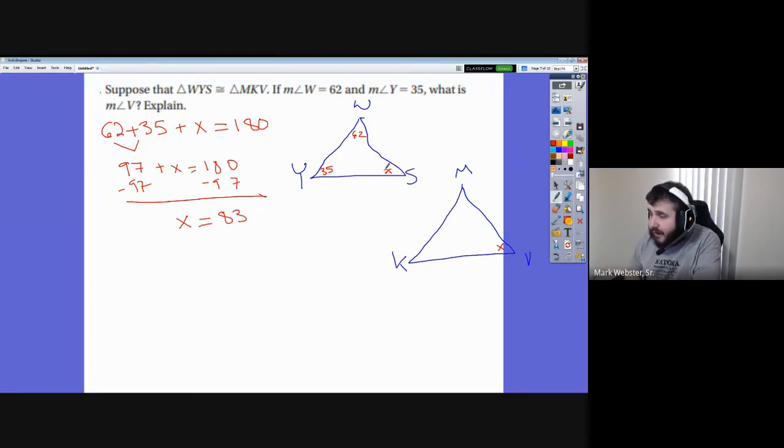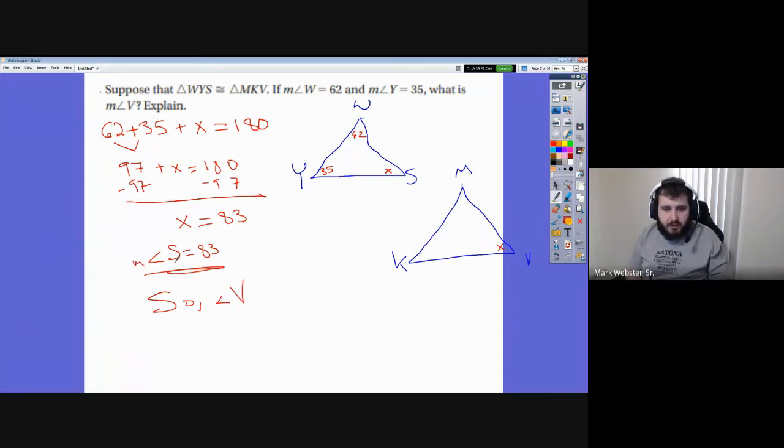So angle S is 83, right? So angle V and the measure of angle S are the same, right? So the measure of angle V also is 83 because these are corresponding parts of congruent figures, and we know that corresponding parts of congruent figures are also congruent, right?